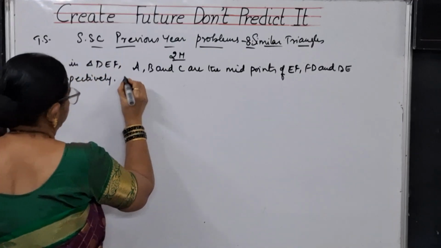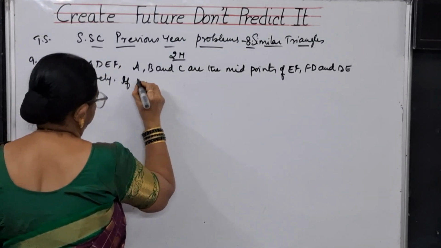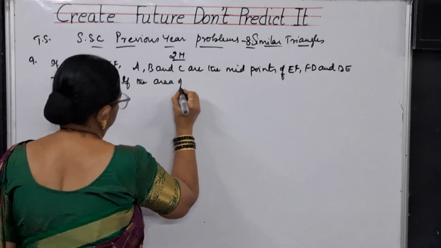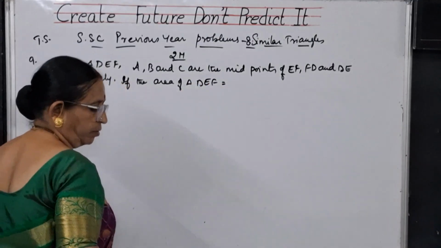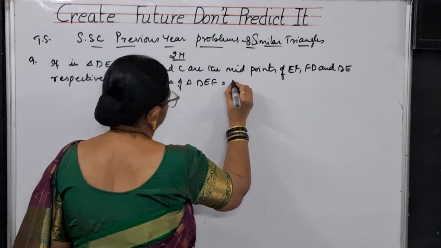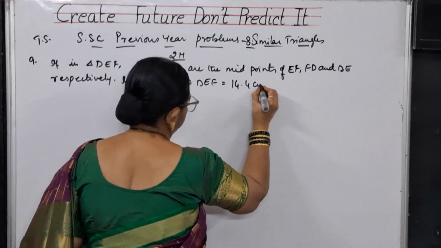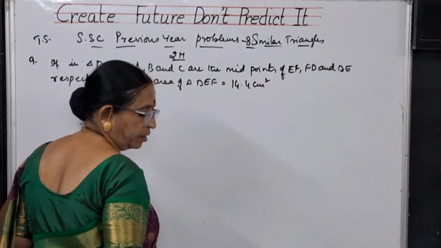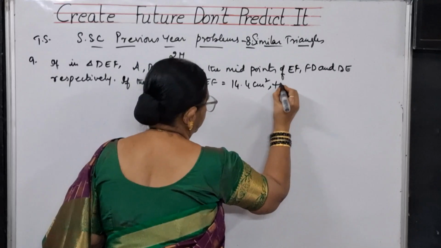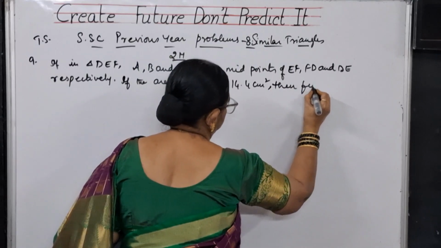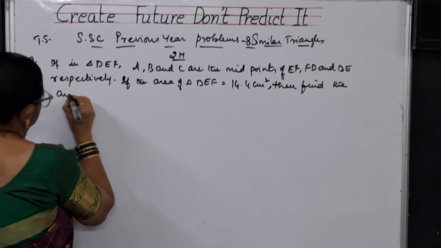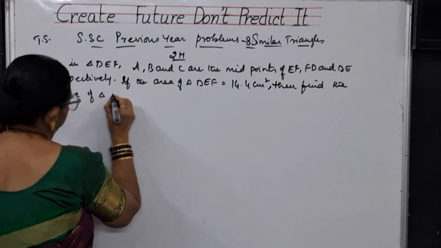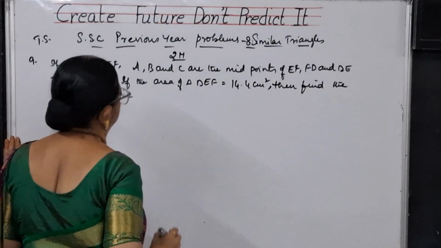If the area of triangle DEF is equal to 14.4 centimeters square, then find the area of triangle ABC.